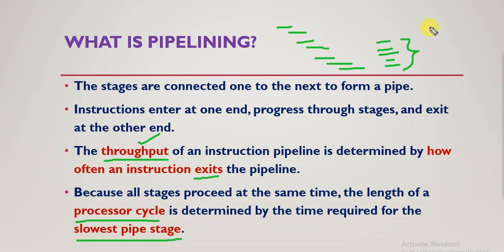After some time, we can see that some portion of all the instructions are executing at the same time. So the length of the processor cycle is determined by the time required for the slowest pipe stage. Whichever stage has the slowest operation will decide the length of the processor cycle.